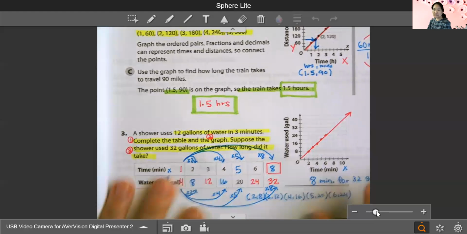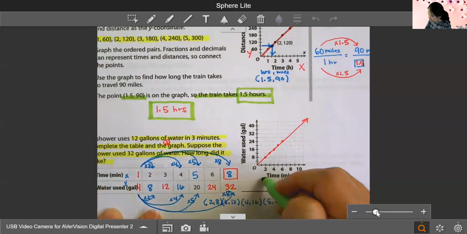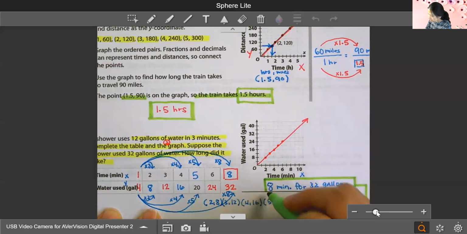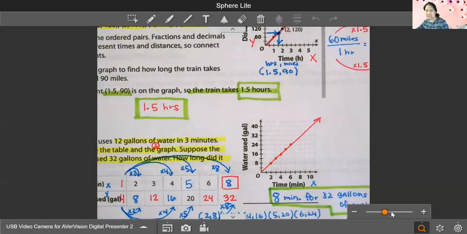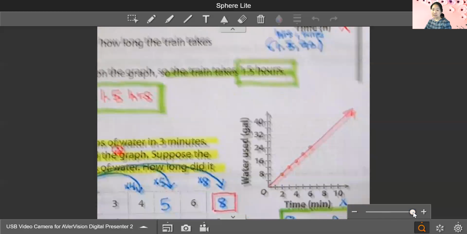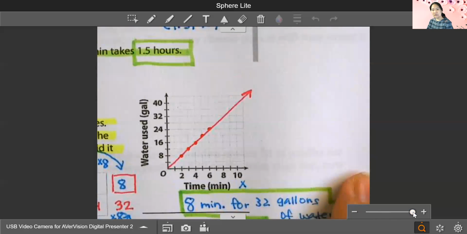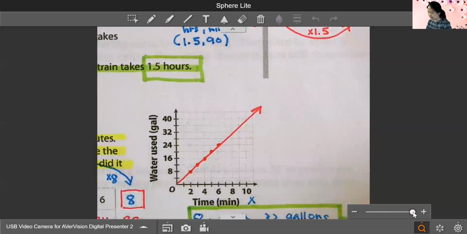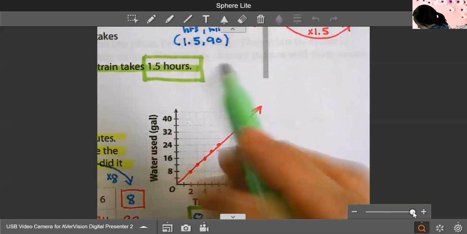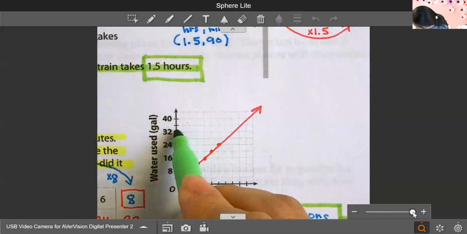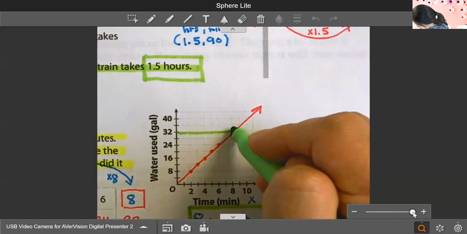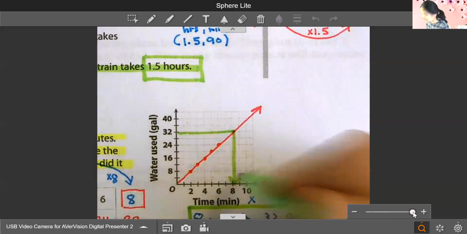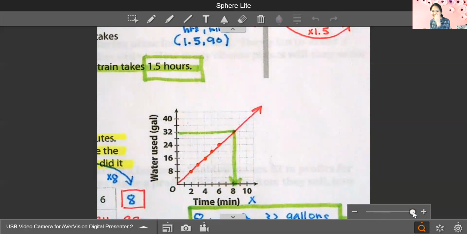Okay, another way you can find that same answer is by looking at the graph. But looking at the graph is sometimes a little bit more challenging. So it's not something I would recommend if there's a different way. What you do is you go to 32 gallons, which is right here. And then you find the graph. Here's a point. And then you go down to 8 minutes. Okay?